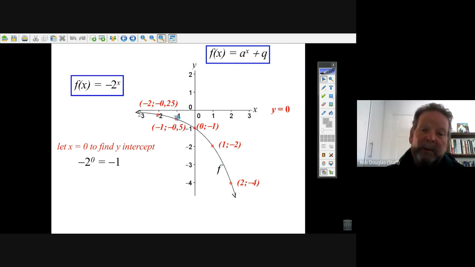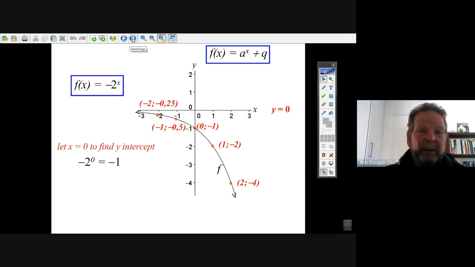And it's -1 and -1/2, and -2 and -1/4. It's exactly the same shape, but instead of going through positive numbers up here, it takes off and goes down towards a negative number. Remember, anything to the 0 power is 1, so 2 to the 0 is 1, but this notation means you're supposed to make it negative. Okay, that's when you put a negative in front.